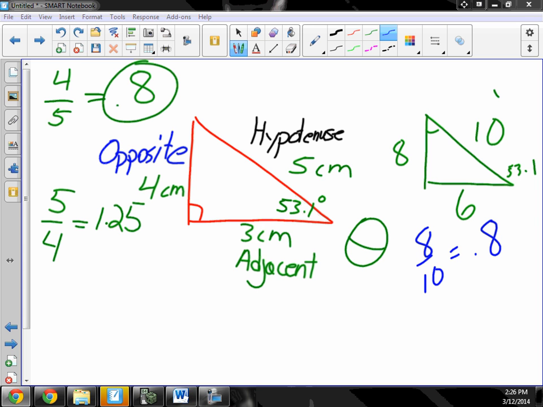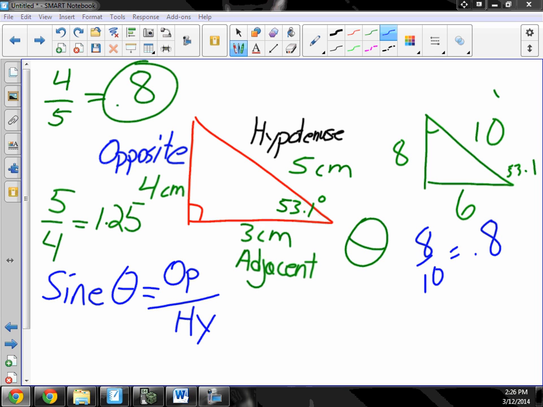So similar triangles have common ratio in side lengths. Well, because of that, we have named this particular ratio sine. So we say that the sine of theta is defined by the opposite side length divided by the hypotenuse side length.